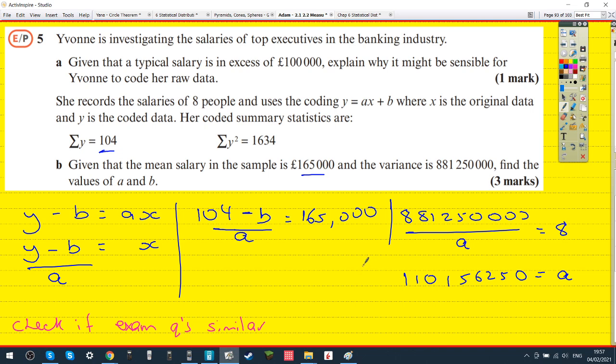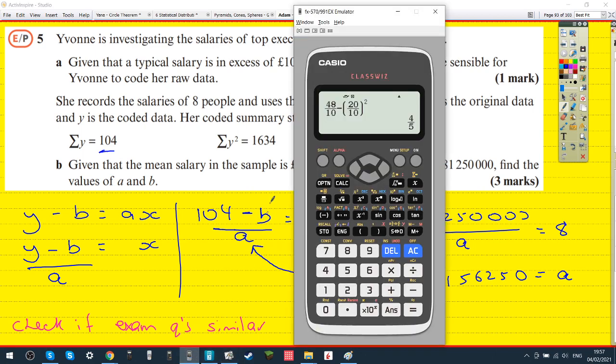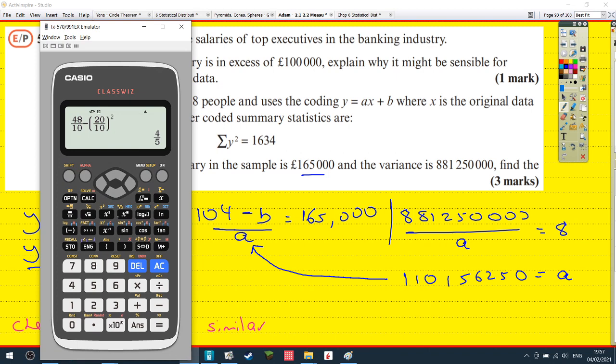So that's a. How can you use that to get b? You put a into the first equation we got. So that goes there, and you could just solve it.